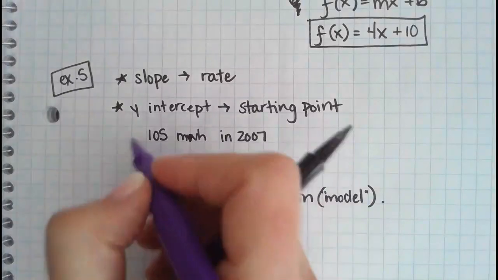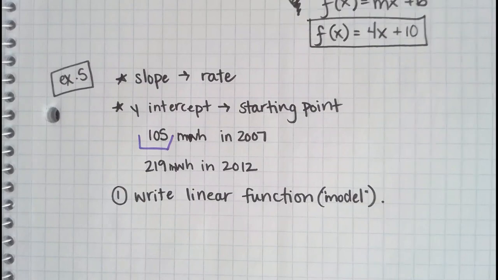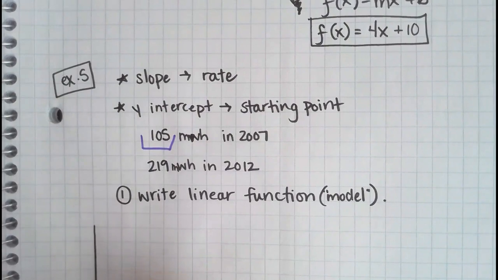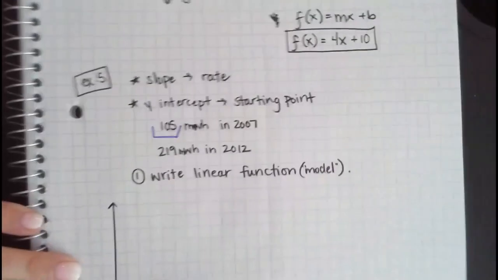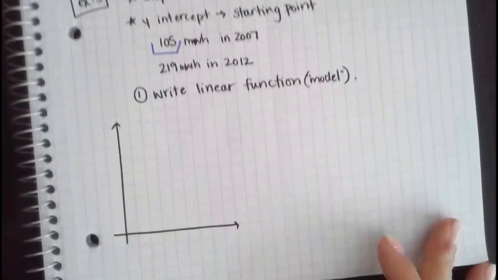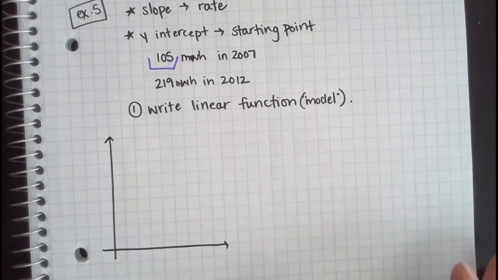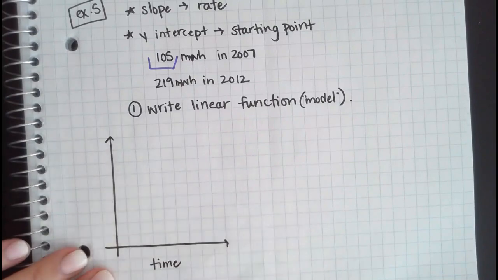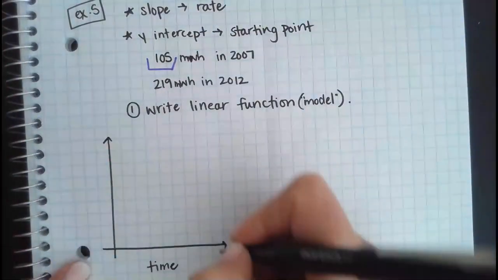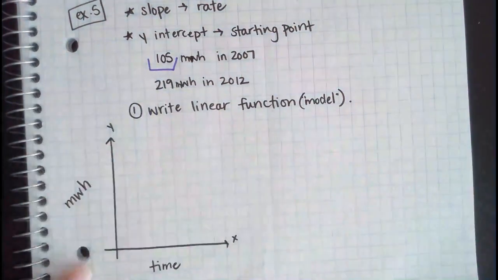Okay. This is our initial value. If we're starting in 2007, we're not looking at years prior to that. So on our graph, if we were going to graph this, time is almost always our x-axis, and our y-axis, in this case, megawatt hours.